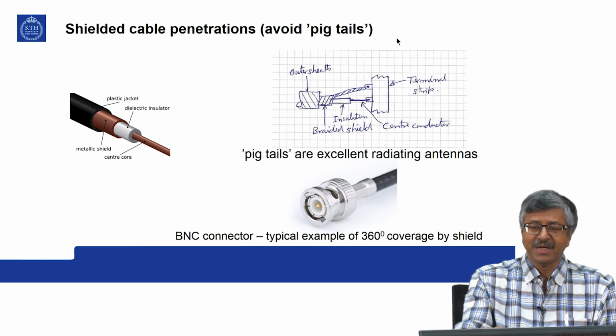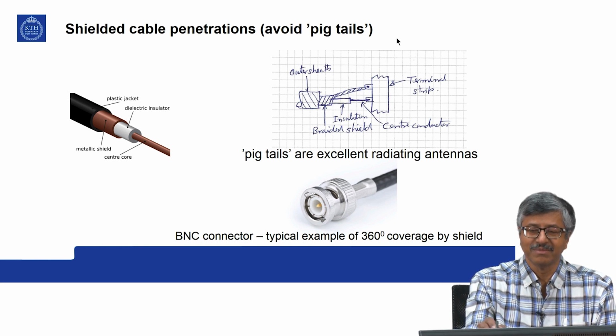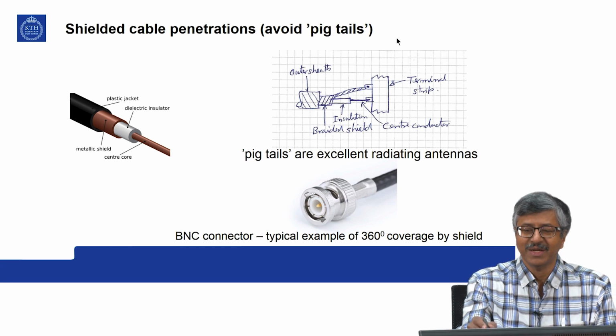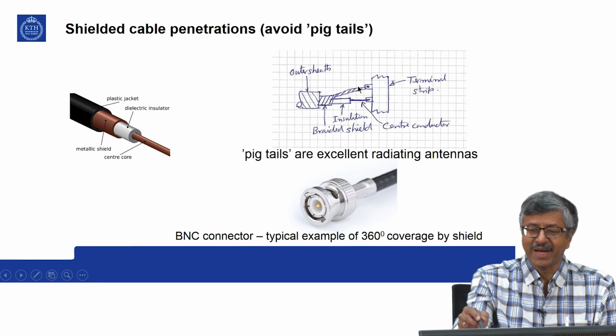Pigtails are a favorite for most engineers, because if you want to connect a cable to some equipment, the easiest thing is to remove the insulation, take the inner conductor, then take the shield, form a pigtail and connect it like that.